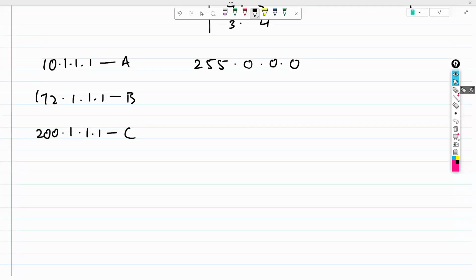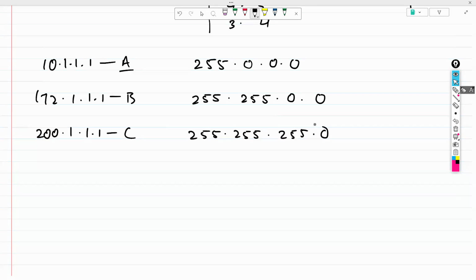Again, I'm repeating, a class A IP address is always followed by an address mask, written in this format. It is written in the same format as an IP address, four octets, right? A class B IP address is written with an address mask in this format, 255.255.0.0. And class C is written as 255.255.255.0. Now, this 255 denotes the network part, and these zeros denote the host part.